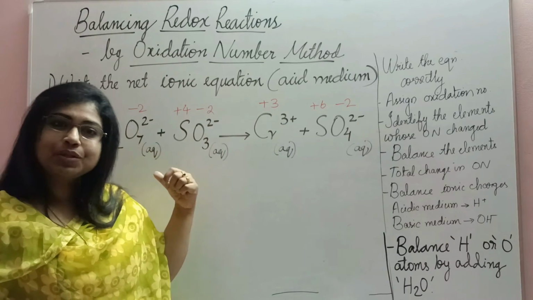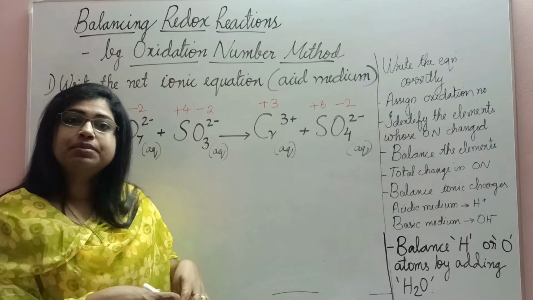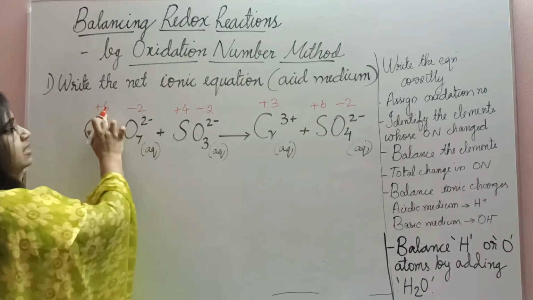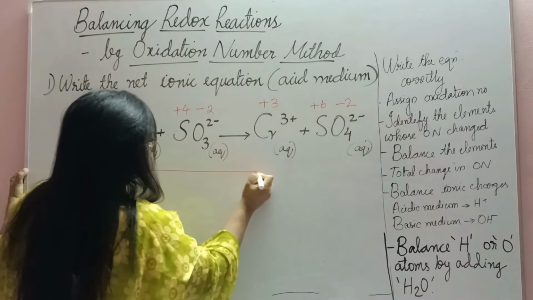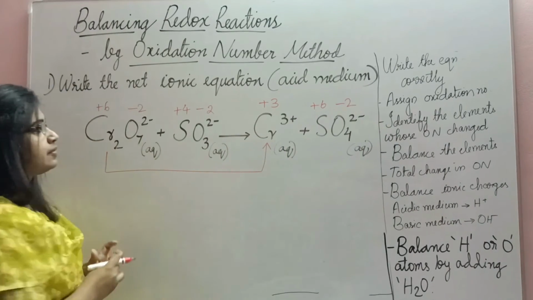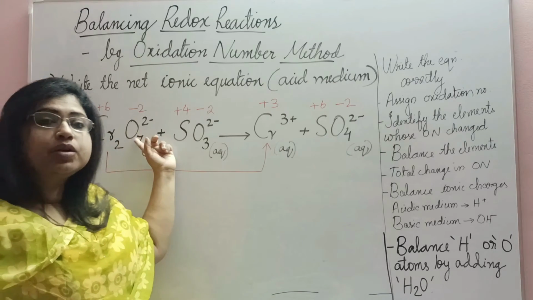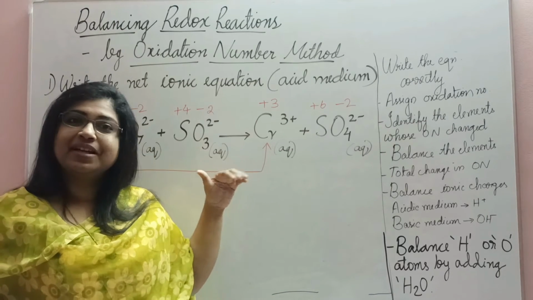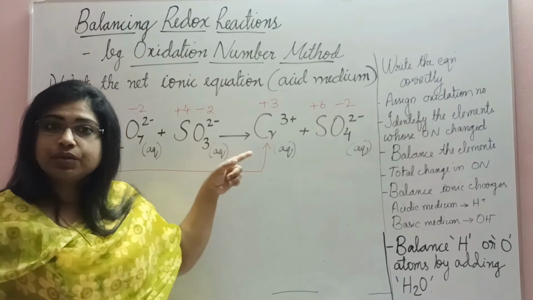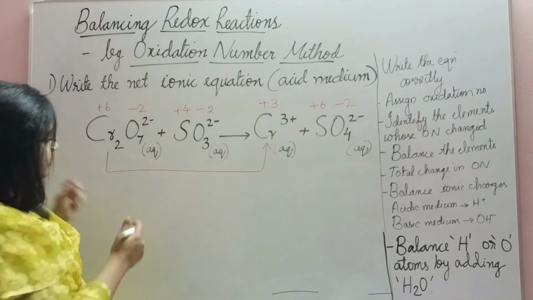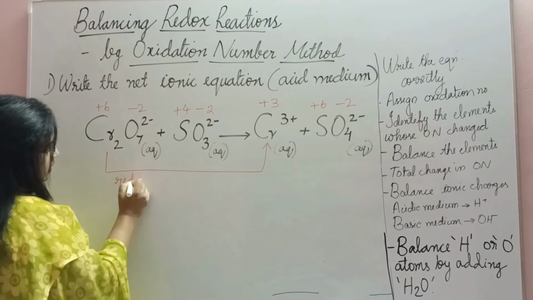So what happens to chromium? The oxidation number decreases from +6 to +3. When oxidation number decreases, chromium undergoes reduction.